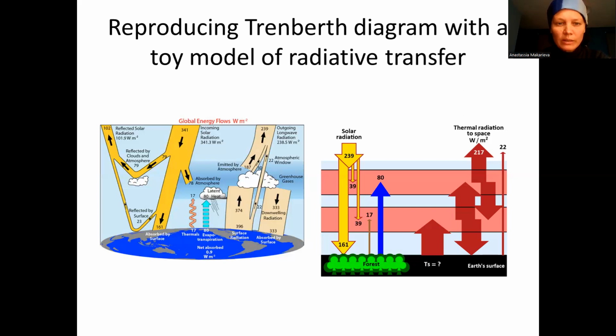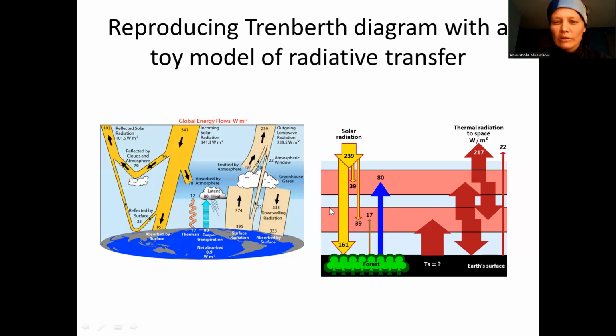But the other part, you see, 78 watts per square meter, is absorbed by the atmosphere, and we divide it a little arbitrarily between our two layers of greenhouse gases.